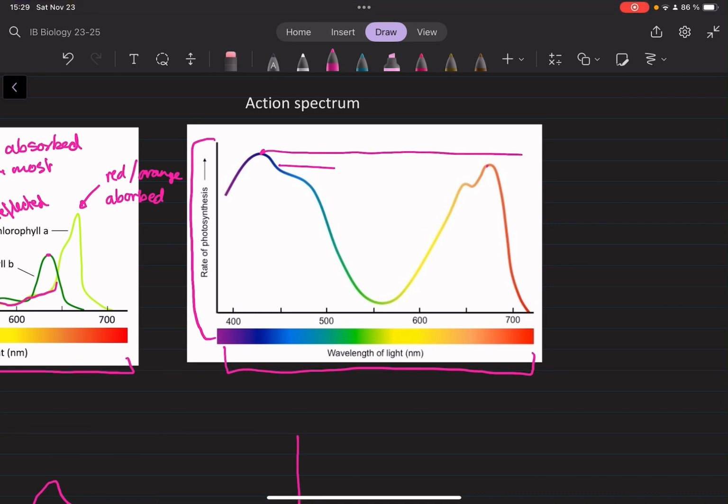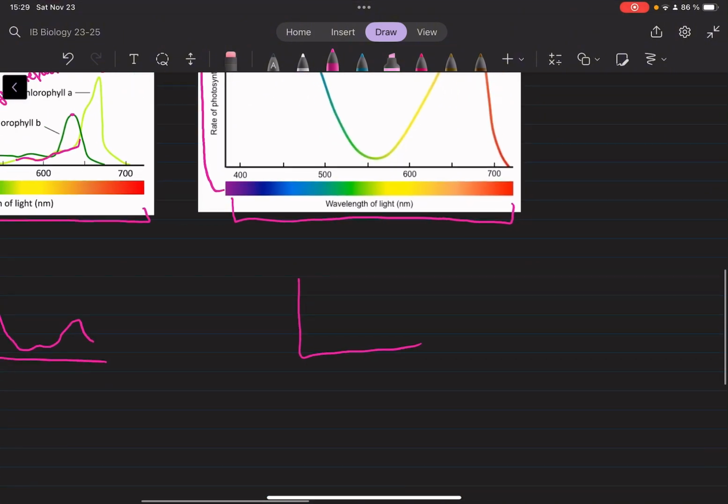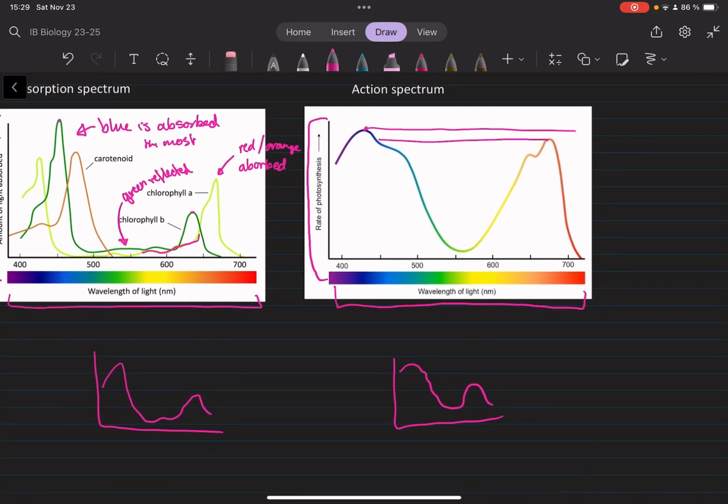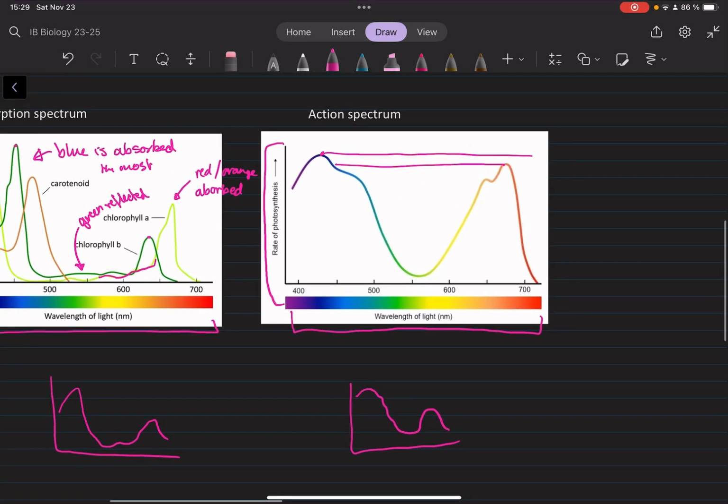So the red will always be lower than the blue. Luckily for us, it's literally the same graph. These ones, I guess, have steeper inclines and declines than the action spectrum, but it's the same graph.